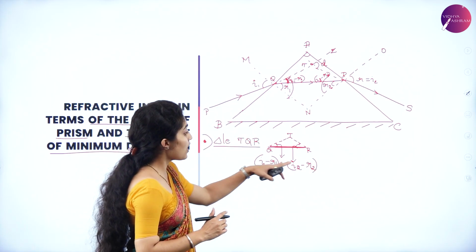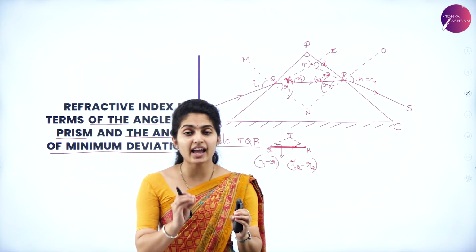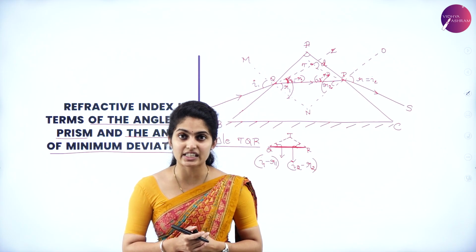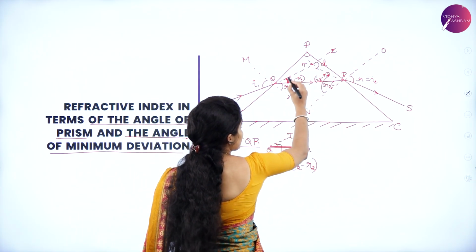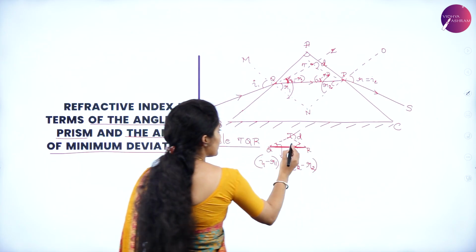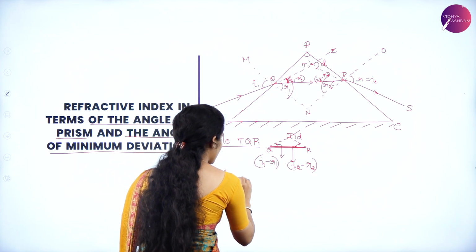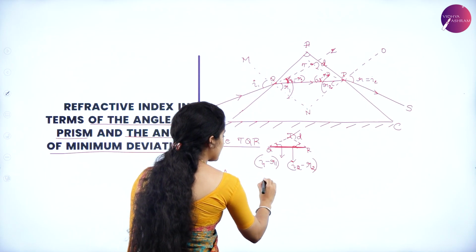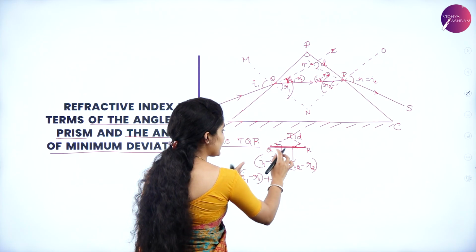So now, how are we supposed to equate it? As we know, the exterior angle is the sum of two interior angles, which we have already studied in the previous derivations. So according to that, it is the exterior angle for this. The extension of this is angle D. So D is the angle of minimum deviation. So D is equal to, we have the exterior angle as the sum of two opposite interior angles.